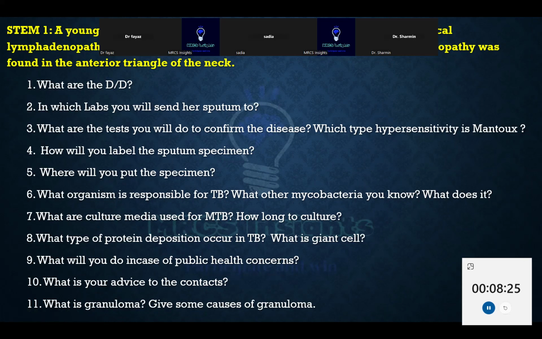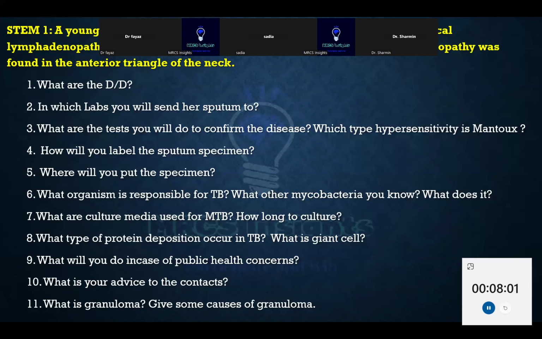What are the tests you will do to confirm the disease? It is divided between active TB and latent TB. For active TB, I would order sputum examination and culture with the Ziehl-Neelsen stain for acid-fast bacilli. For latent TB, I would order the Mantoux tuberculin skin test.